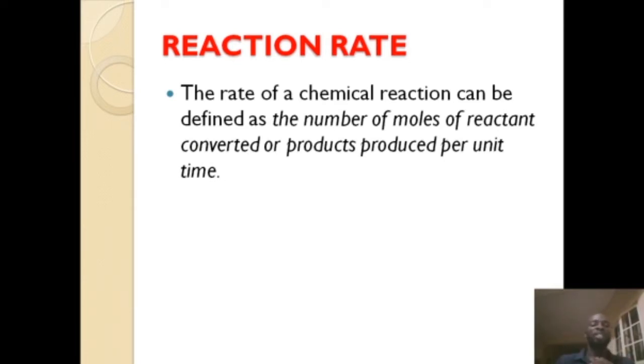What it simply means is, if it takes 20 minutes for 1 cup of rice to get done, then if you have 2 cups of rice, it will take 40 minutes. It's as simple as that. So the rate of a chemical reaction is the time taken for a particular amount of the reactants to be converted to the product, or for a particular amount of the product to be formed from the reactants.